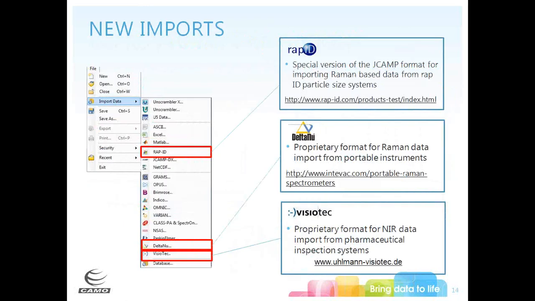We've also added additional file import options, and more details on these different types of file formats can be found on the websites of the respective vendors for those, the RapID, the Delta Nu, and the Visiotech file formats.